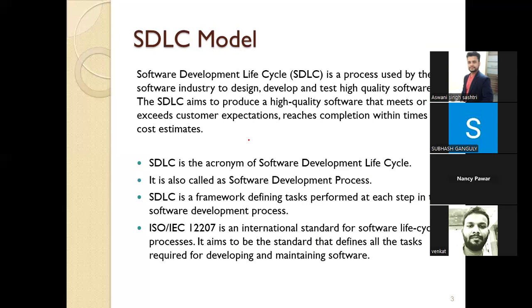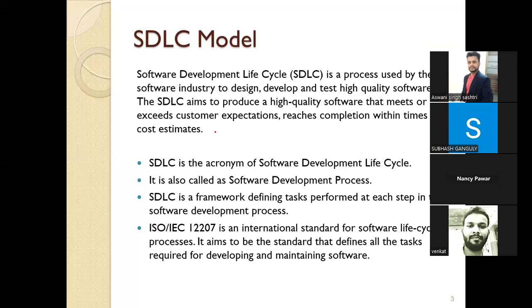It is also called a software development process. SDLC is a framework defining tasks performed at each step in the software development process. ISO IEC 12207 is an international standard for software lifecycle processes. It aims to be the standard that defines all the tasks required for developing and maintaining software. Thank you so much, Nancy, for the help.